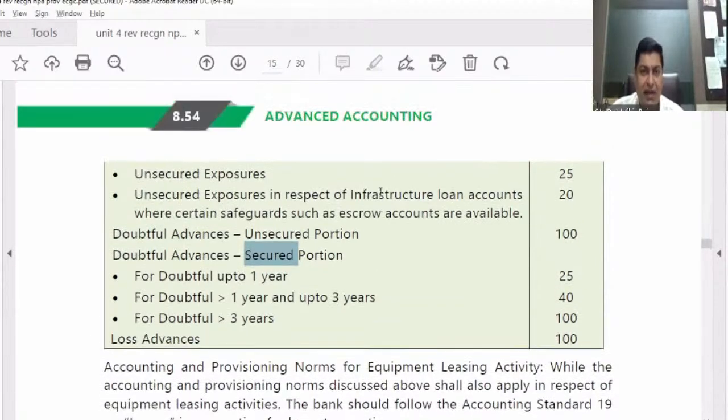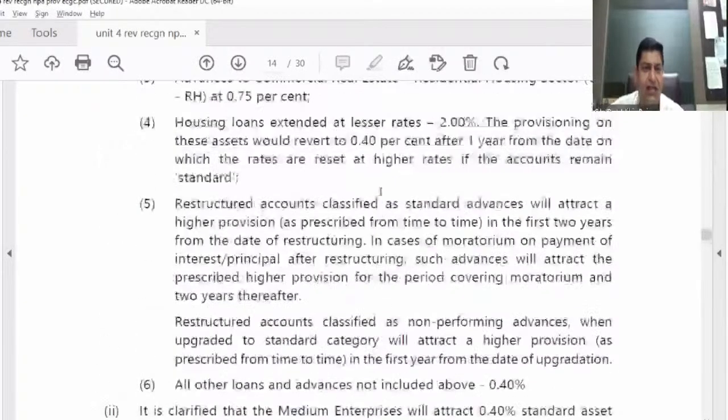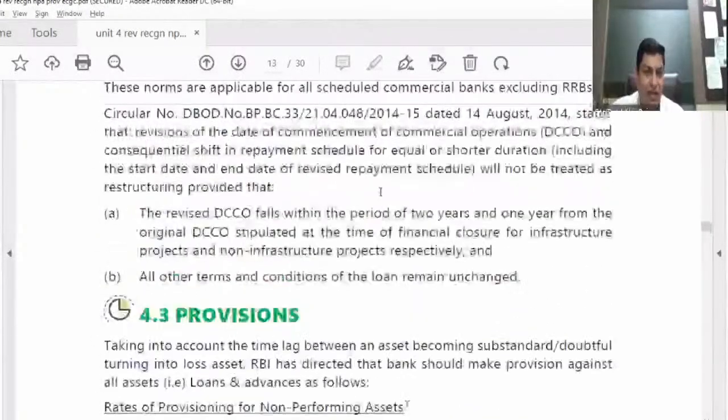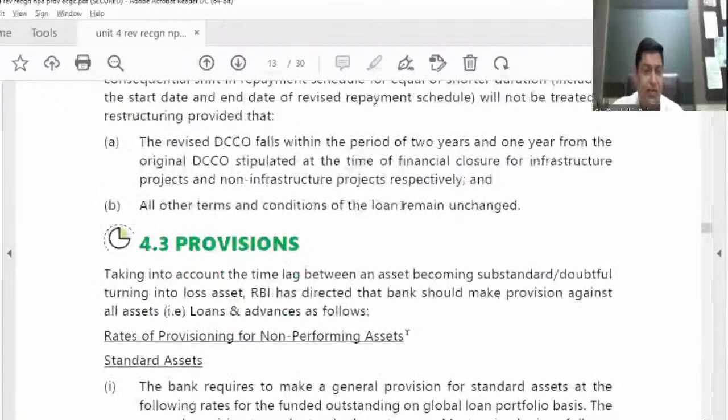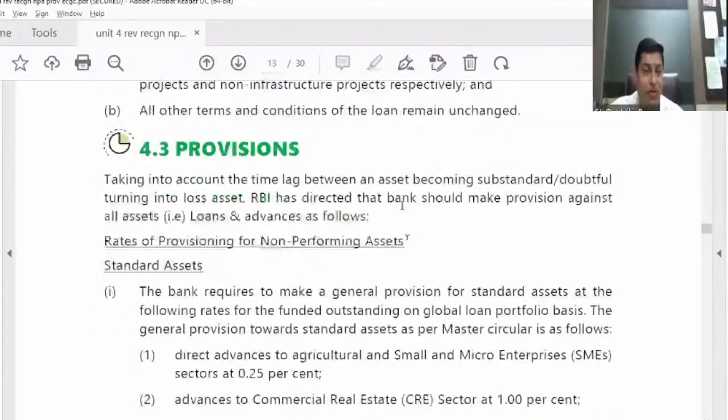So guys, this is on your page number 8.52 onwards. Because on this note, we have to start the question of how we should calculate the provision on standard as well as substandard assets. I hope you have opened the page, and we need to start the questions.